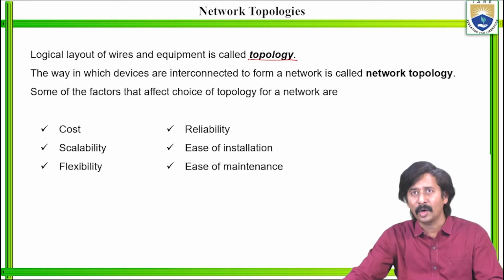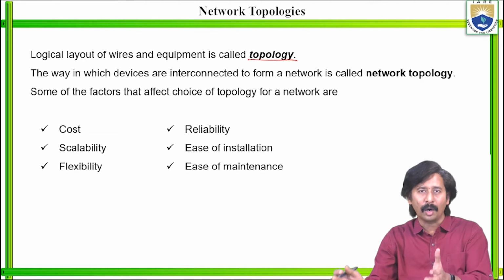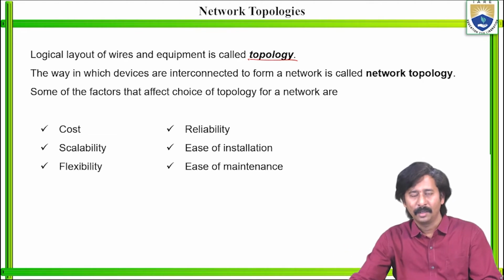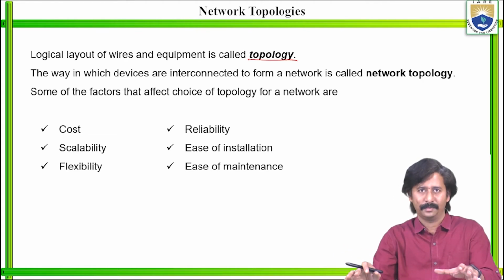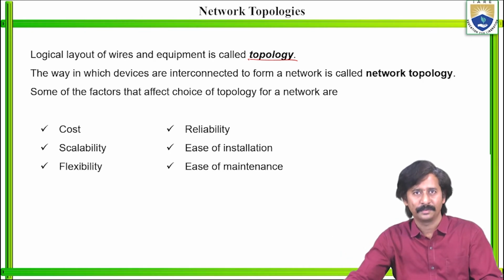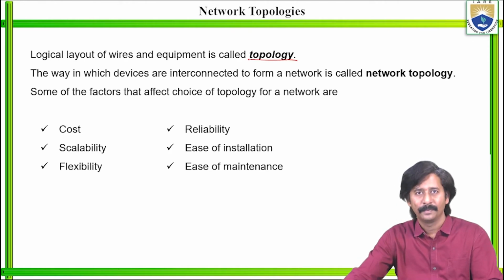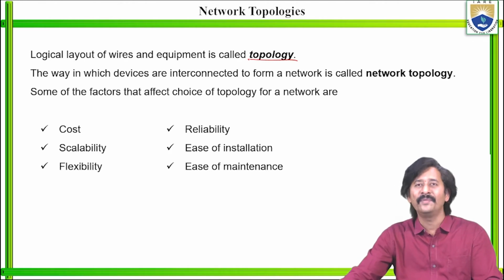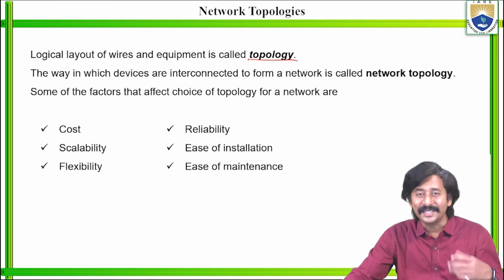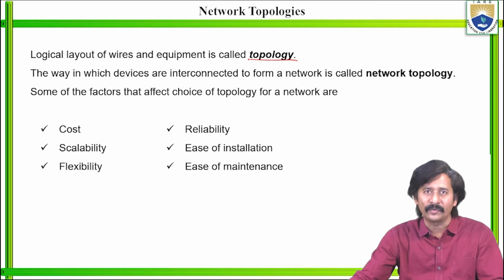That means how the nodes are communicating, in what fashion the actual data is transmitted throughout the nodes. That is what a topology describes. Simply said, the way in which the devices are interconnected to form a network is called a network topology.